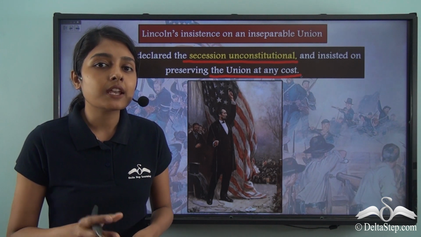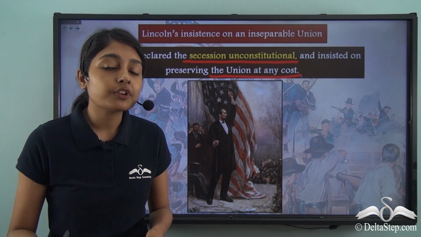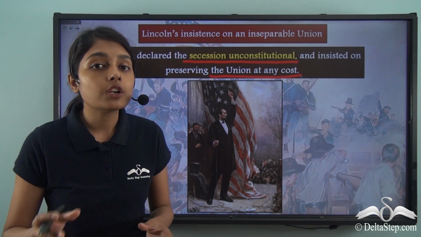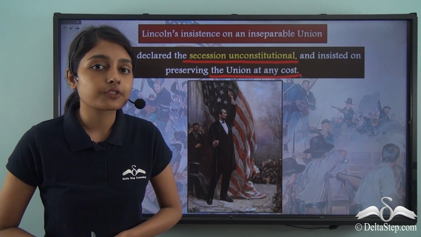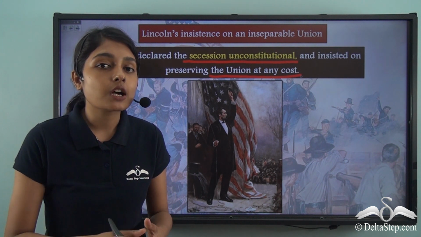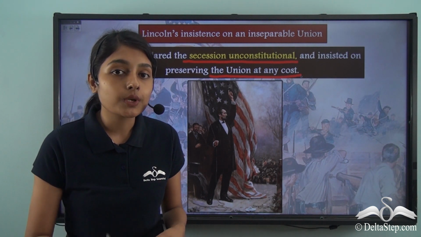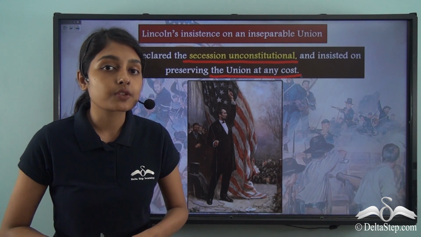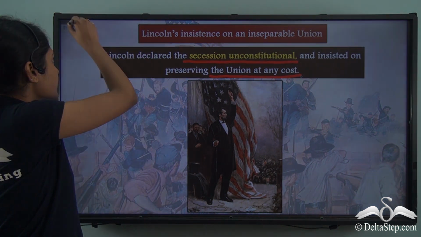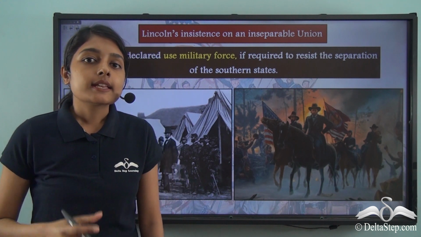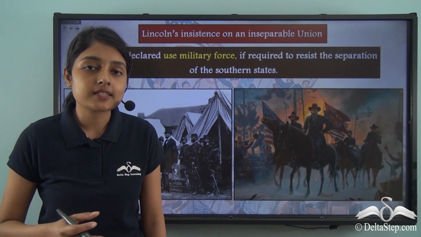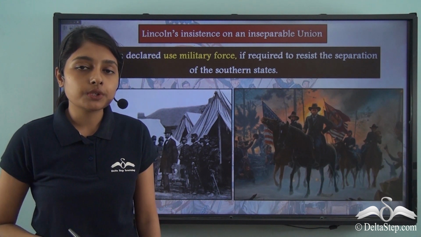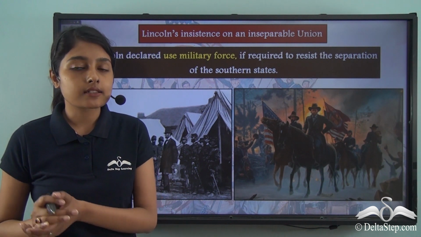But he saw this plan was not possible because the Confederate States of America had already been formed by the time he came to power as the President of the US. Now let us find out what the CSA was doing against the United States of America. Since Lincoln was not able to bring the Confederate States together into the Union, he declared it unconstitutional.